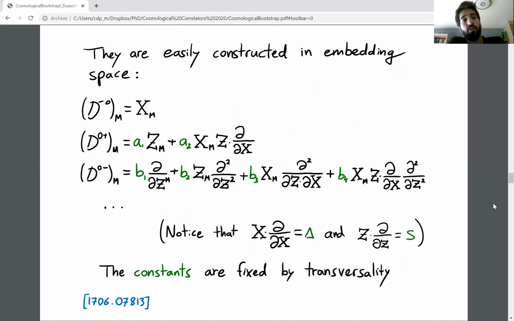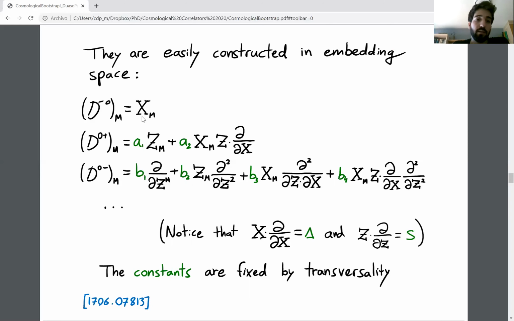So once you know which kind of operators you can have, they are very easy to construct in the embedding space. Just because of the scaling properties of the fields in the embedding space, you know that, for example, in order to construct this operator that lowers the weight, you can write it as a sum of terms which have weight 1 in the coordinates x.